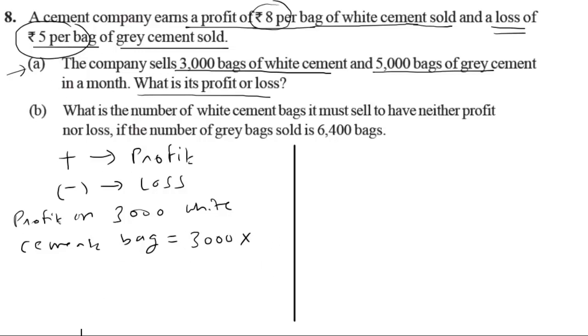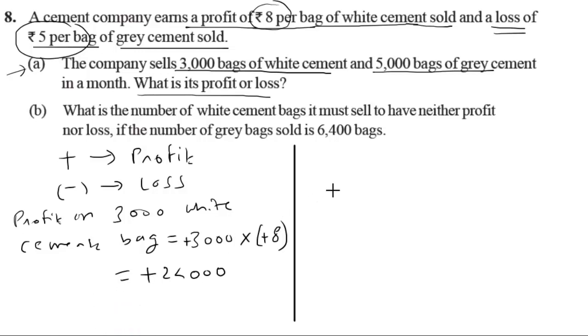Let us follow the convention: positive 8, where positive stands for profit and 8 is the amount. There was no sign on 3000, so we consider it positive. Positive into positive, positive 3000 into 8, is 24,000. So the profit on white cement bags is plus 24,000.